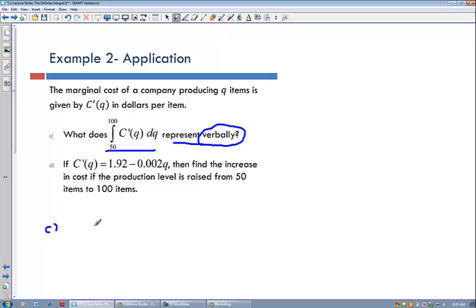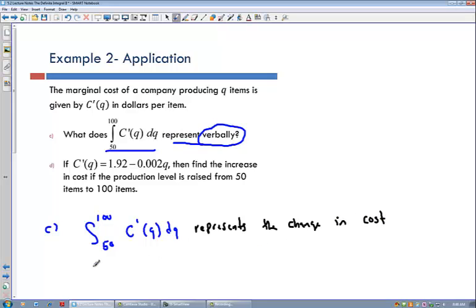In part C, I'd say the integral from 50 to 100 of C prime of Q dq, since it's a dollar thing, represents the change in cost from producing 50 items to 100 items.